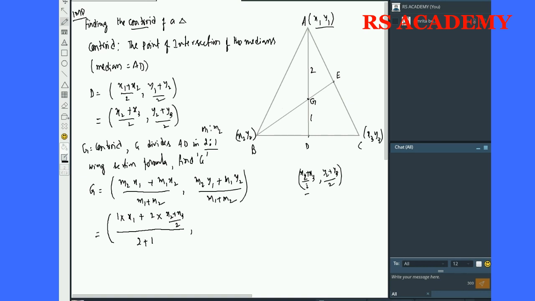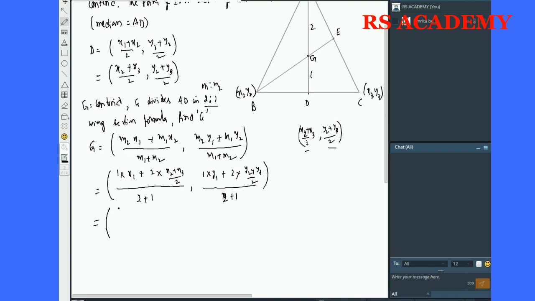Now let us write the y coordinate also. m2 is 1, y1 is y1 only, m1 is 2, and y2 is the y coordinate of D, so you write y2 plus y3 by 2, divided by m1 plus m2, where m1 is 2 and m2 is 1. So then what happened?